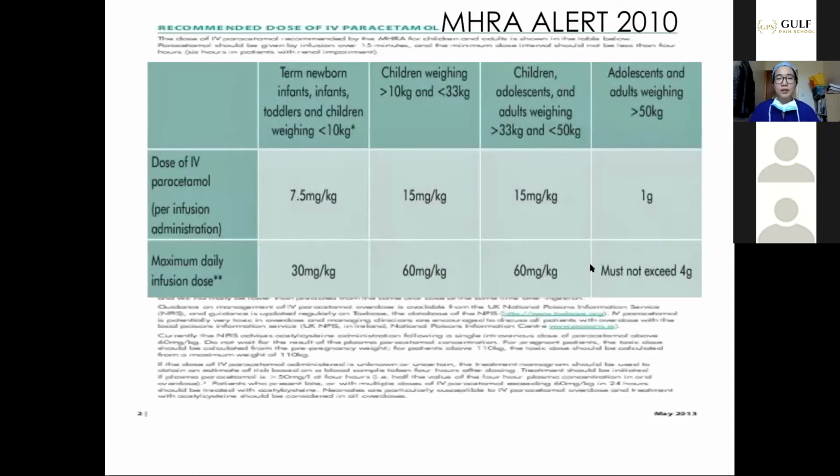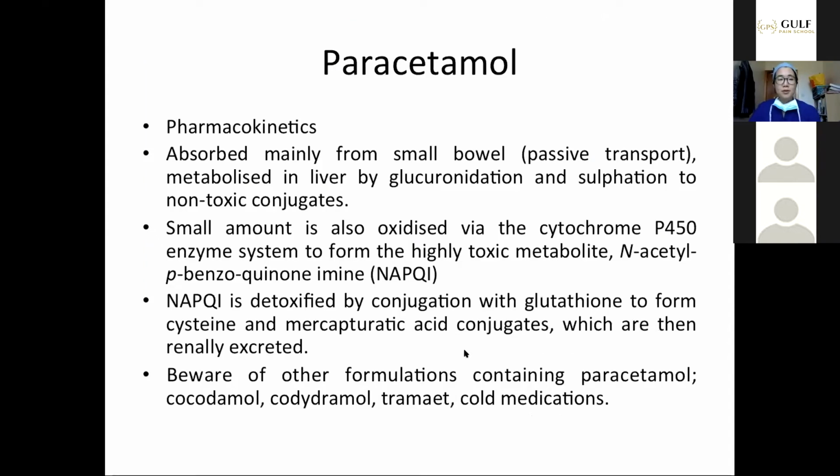Okay, so with the MHRA alert in 2010, there was a change in paracetamol dose, a little bit lower than previously because of paracetamol toxicity. I think all of you are young enough to not know the previous higher dose, so I don't think there should be any problems with the dosing nowadays. In terms of pharmacokinetics, it's mainly absorbed in the small bowel, and then it's metabolized in the liver by glucuronidation and sulfation to non-toxic conjugates.